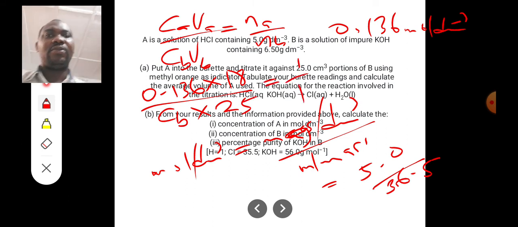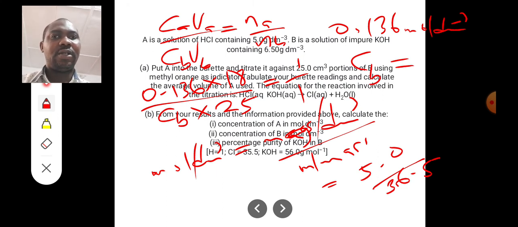Now I want us to note something. They gave us the concentration of impure potassium hydroxide. You don't use the impure value to make any calculation. You only use it to calculate the percentage purity or percentage impurity. So my Cb is equal to 0.136 multiplied by 18 divided by 25.